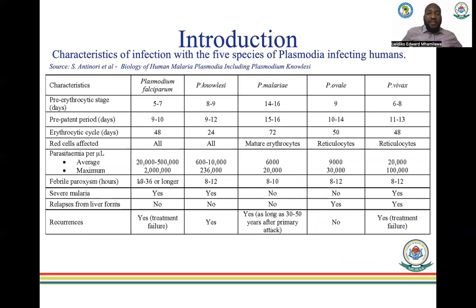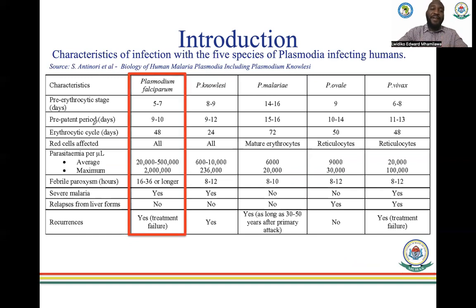Now, there are several different species of Plasmodium which cause malaria in humans, and there are about 5 species that you can see in this table. All these species affect humans at different stages and have different properties.